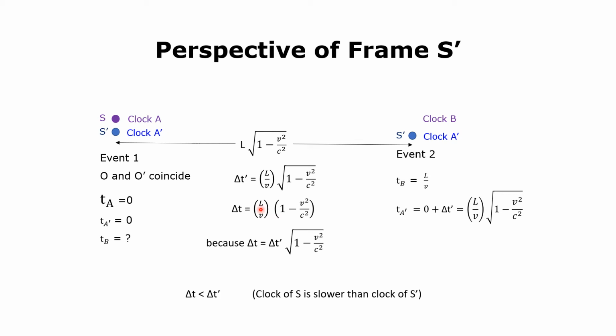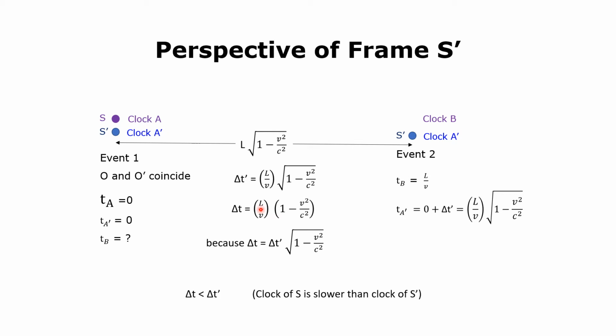So in the previous slide, delta T means the time interval between the two events by the clocks of frame S when frame S is itself reading the clocks.